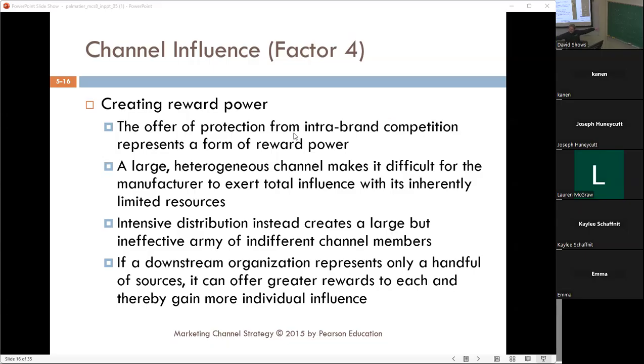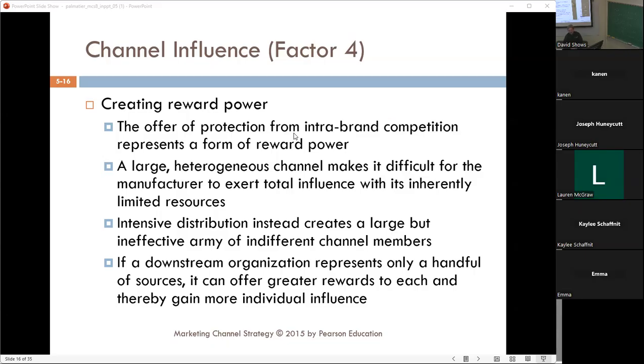So instead of intensive distribution, which basically creates an army of ineffectual dealers who don't really care, by limiting the number you reward the downstream partners, but you also have a very significant influence over them.